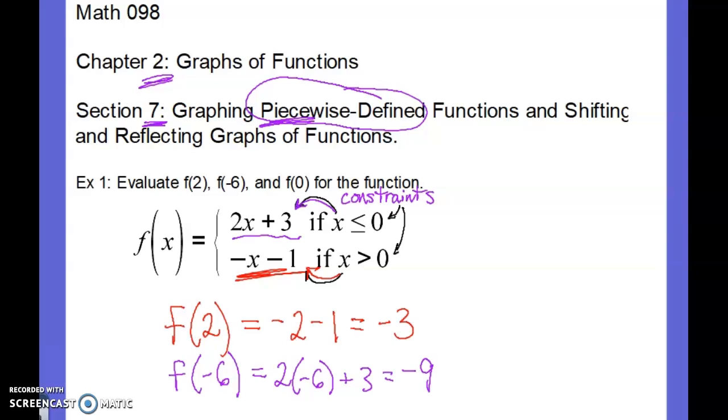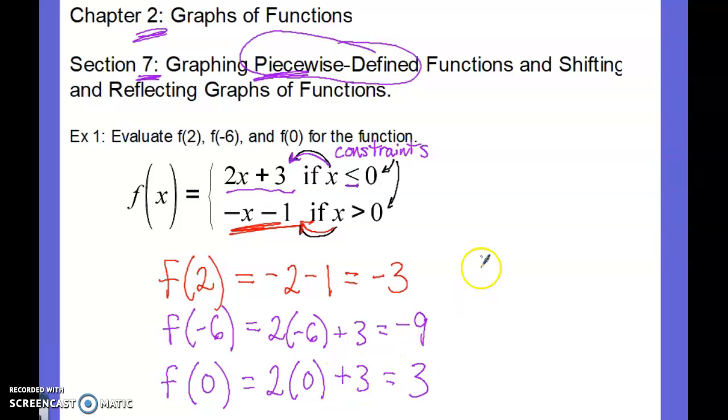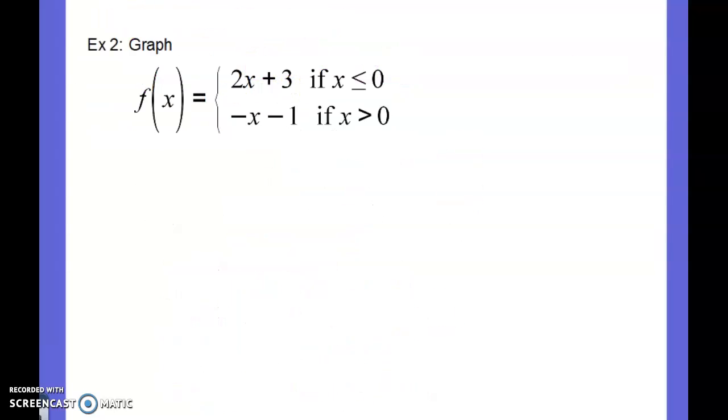So as I scroll down and do f of 0 now, go to your constraints first. Is x less than or equal to 0? Well, it is equal to 0, so yes. Go to the top equation and plug in 0 for that x. So 0 times anything is 0, plus 3 is 3. So that's how you would evaluate piecewise functions.